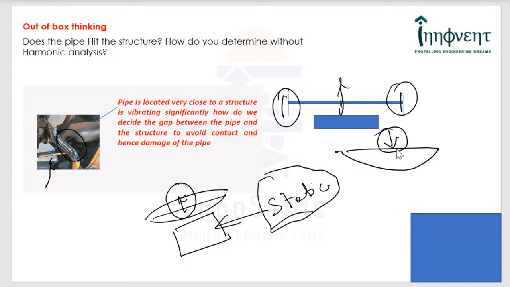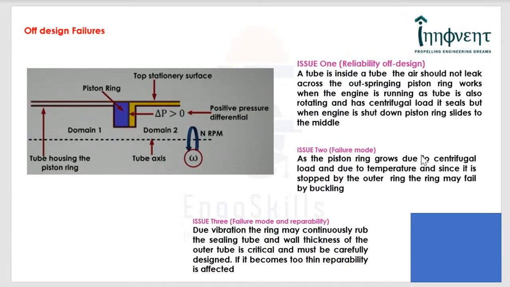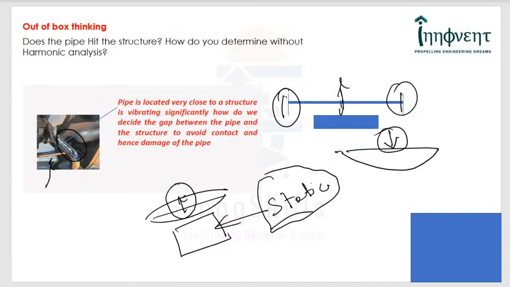And if the deflection is equal to the clearance between the static structure and the pipe in the equilibrium position, and still this is elastic, then there is every possibility that the pipe in fact ends up hitting the static structure, because it is elastic.